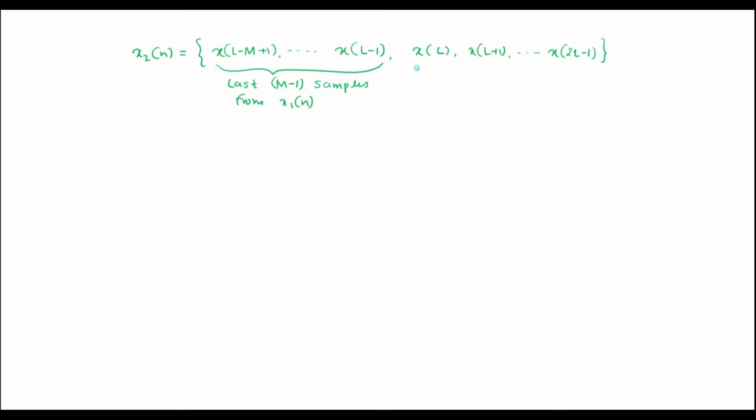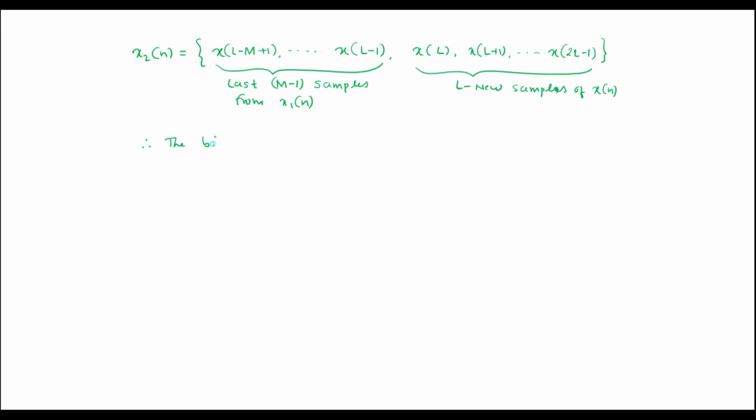That is nothing but L new samples of x of n. So the number of blocks is to be continued until all the samples of x of n are completed.